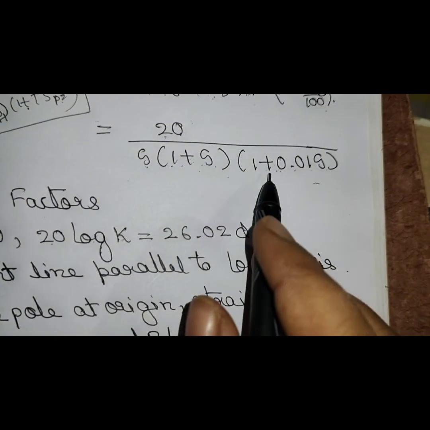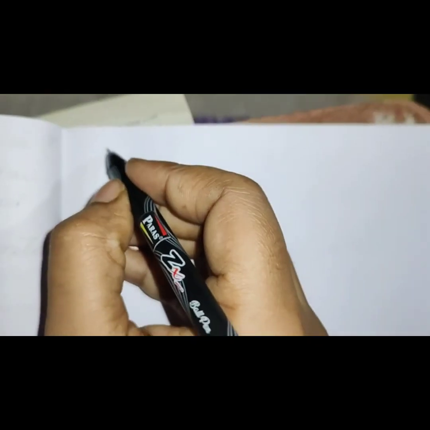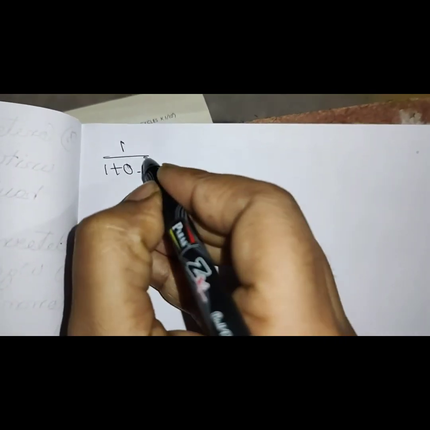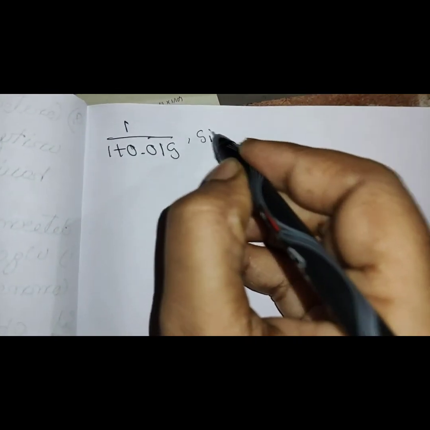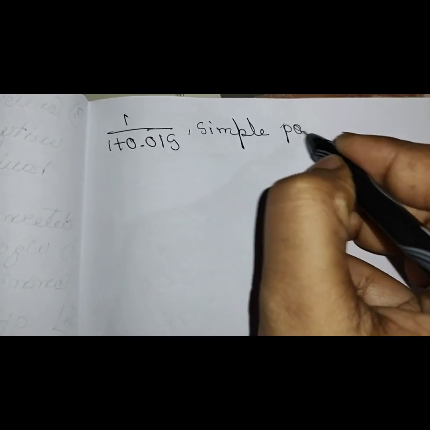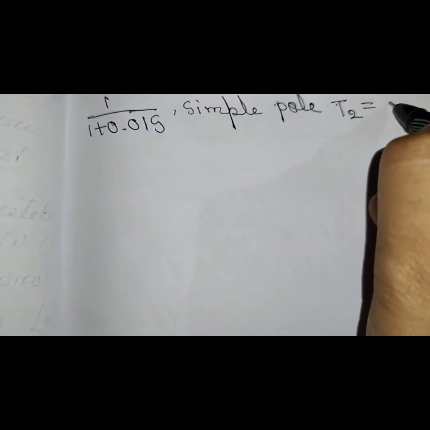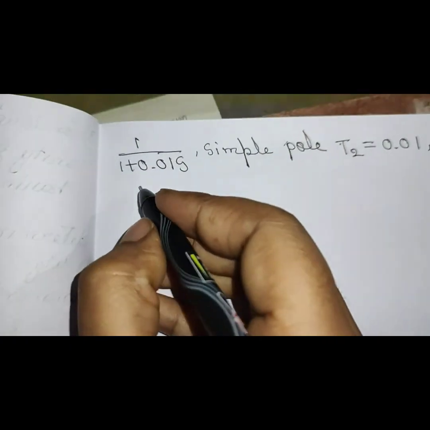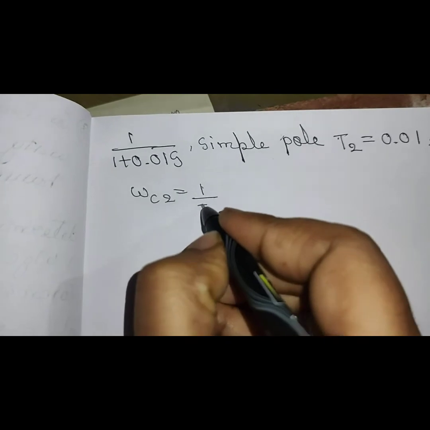Next pole is 1 divided by 1 plus 0.01 s. So this is a simple pole. T2 value will be 0.01, and here omega C2 value will be 1 divided by T2.